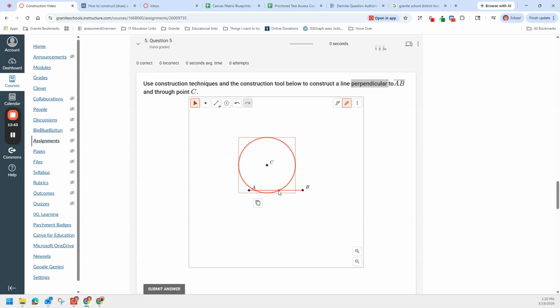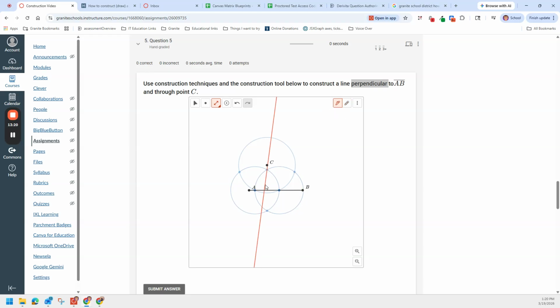Notice I've got my two points on this line, and both of them, because this is a circle, are exactly the same distance from C. Now, I can start thinking like a perpendicular bisector. I'm going to create a perpendicular line that'll go through the middle of both of those two points that I just created. But remember, C is also in the middle of those two points.